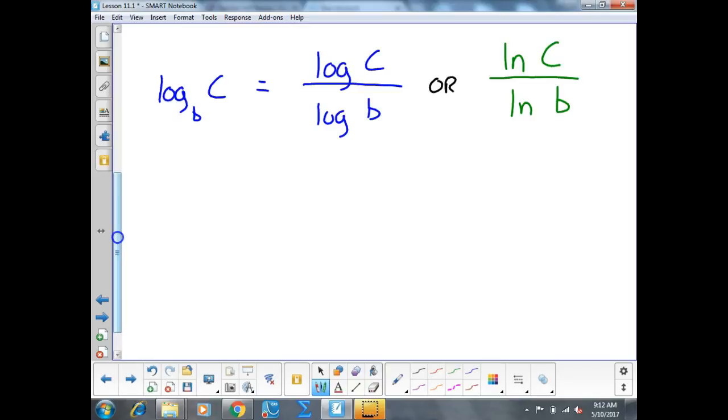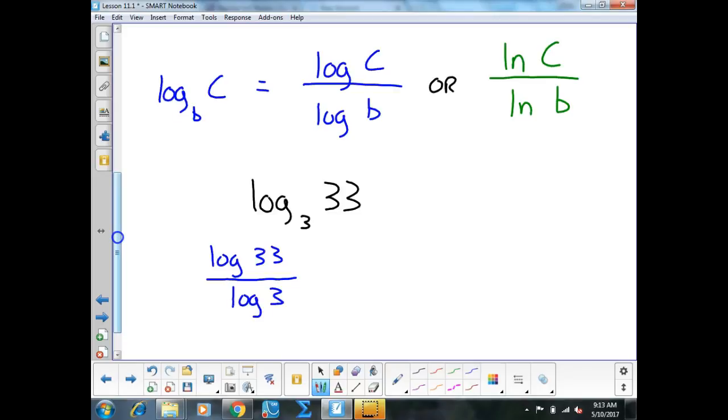So, if we are finding the log base 3 of 33, I'm either going to make that the log of 33 divided by the log of 3, and we'll talk about typing it in the calculator in a minute, or I'm going to make that the natural log of 33 divided by the natural log of 3.